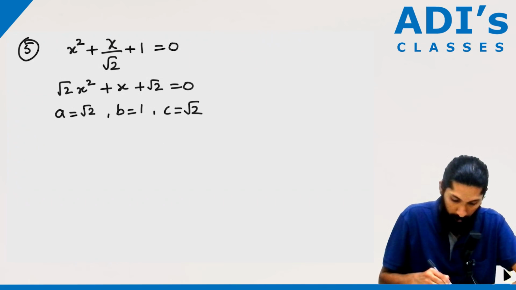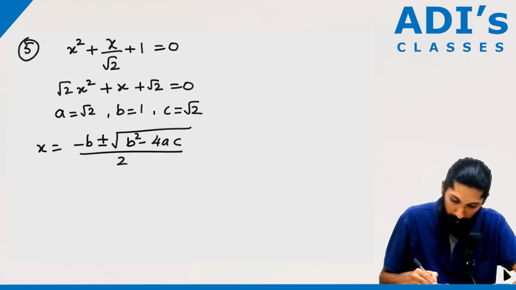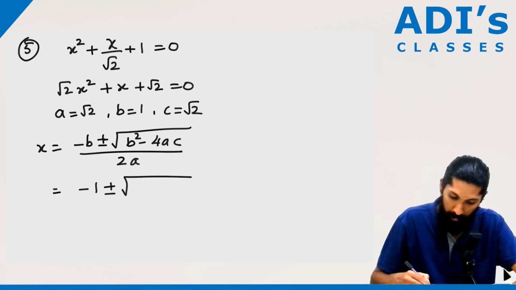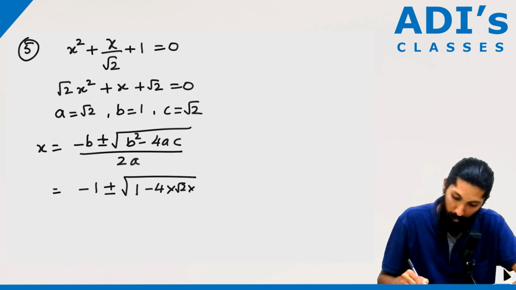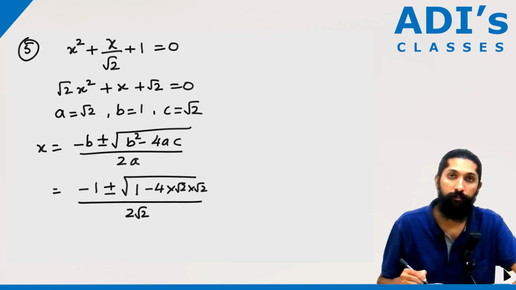Alright, and you know the value of x: minus b plus or minus root of b square minus 4ac, whole over 2a. So minus 1 plus or minus root of 1 square is 1, minus 4 into root 2 into root 2, whole divided by 2 root 2.